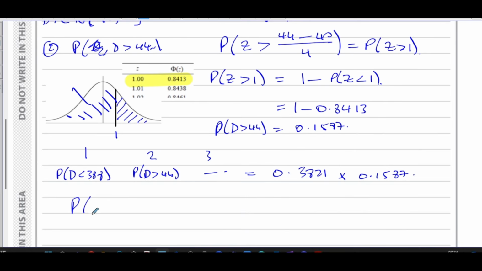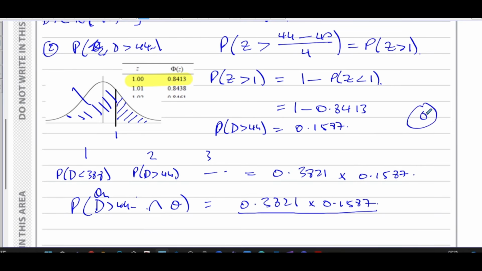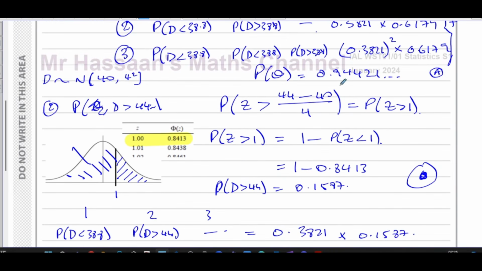So the intersection of qualifying on the second throw with a throw of more than 44 meters, intersected with qualifying, will be the same as just this, which is 0.3821 times 0.1587. When something is a subset of something else, the intersection between them is just the one inside. This is divided by the probability that they qualified, which we found to be 0.94421.